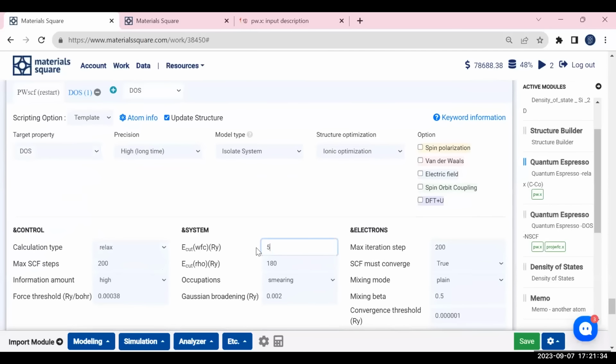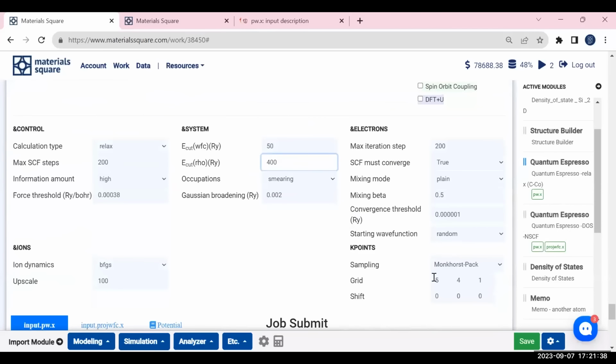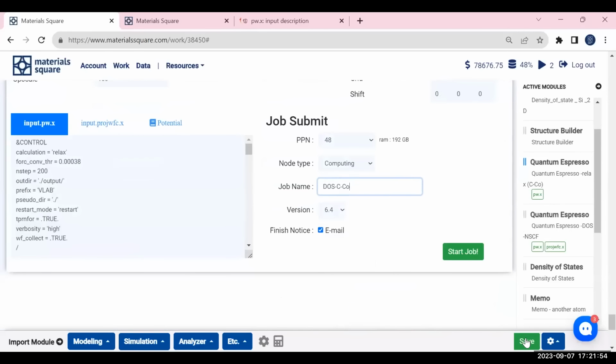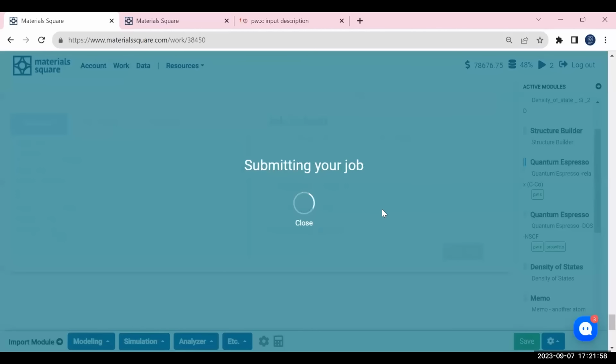You have to increase this value to 50, maybe this one to 400, and the default value, and then you just submit the density of state calculation of graphite with copper. Okay, just save and start job.